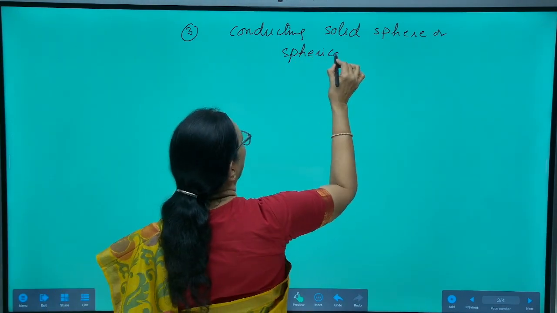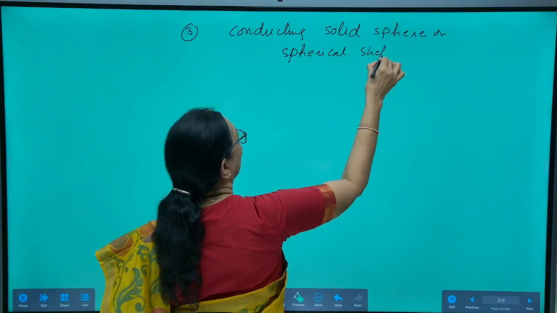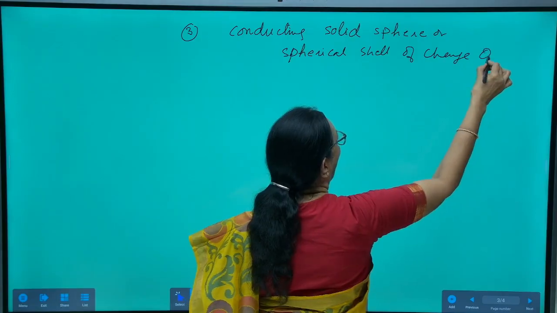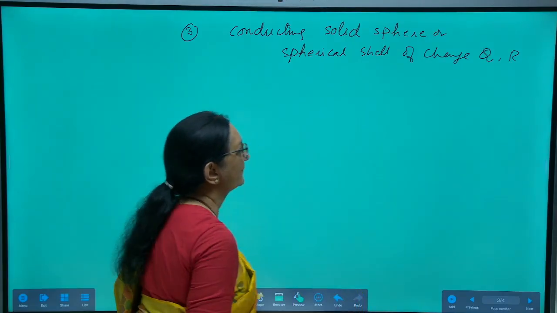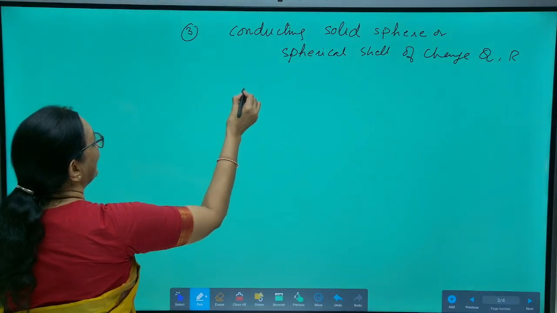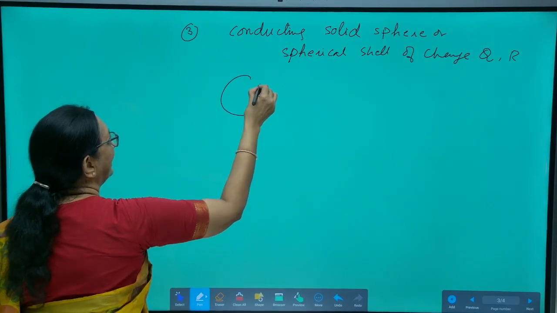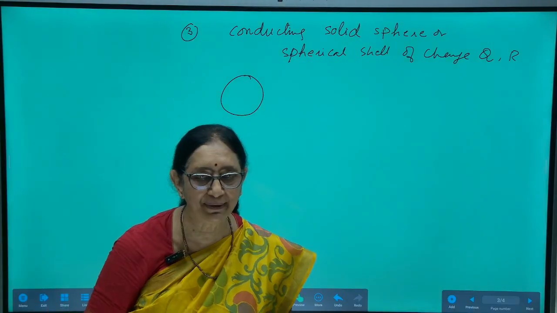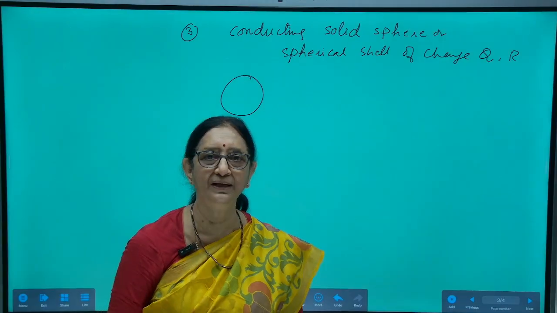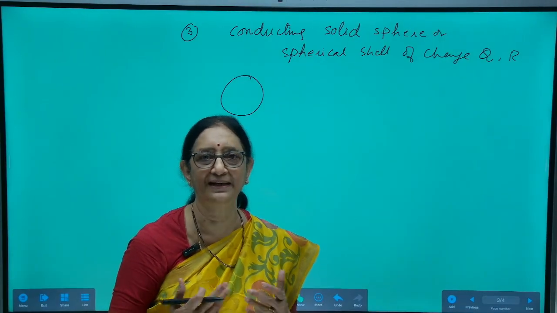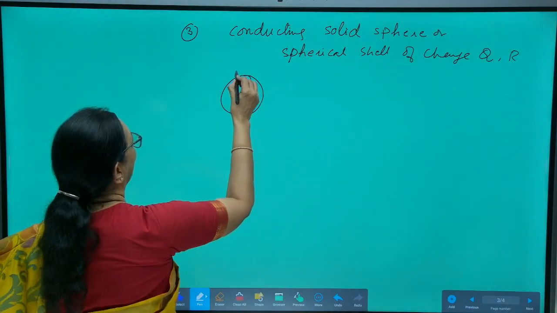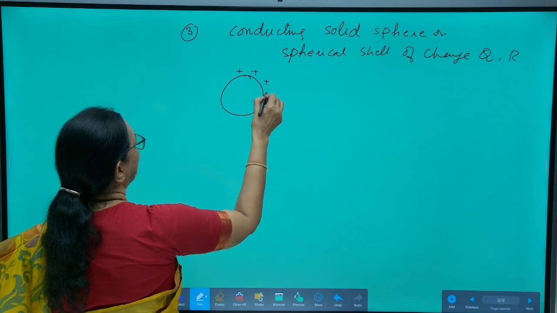So, a spherical shell of charge Q and radius R. So, let us imagine this as a conducting sphere. It may be a solid, may be a hollow one. In both cases, we get the same results.